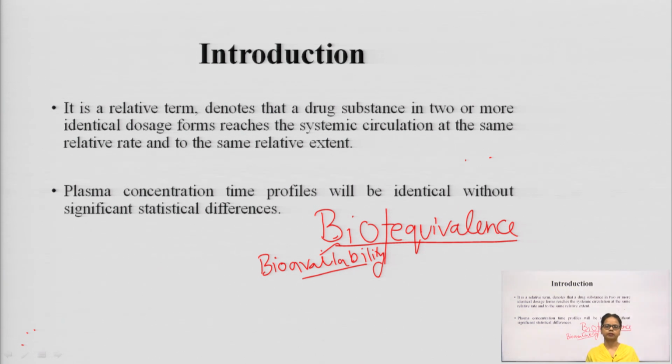For example, take an antipyretic drug, paracetamol. There are different medicines of paracetamol available in the market. For example, number one is Calpol and next is Dolo, and many more.